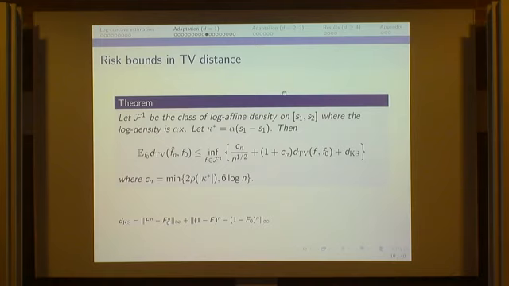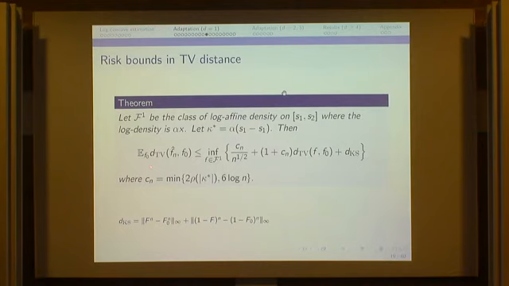As long as our true density is close to one density in this class, this term will be small. And that term, Kolmogorov-Smirnov, is not Kim and Samworth. This term can also be understood as the approximation term with f and f0. If our true density is actually in the class of log-affine densities, then those two terms are exactly 0. These are just approximation terms because there's an infimum over here.